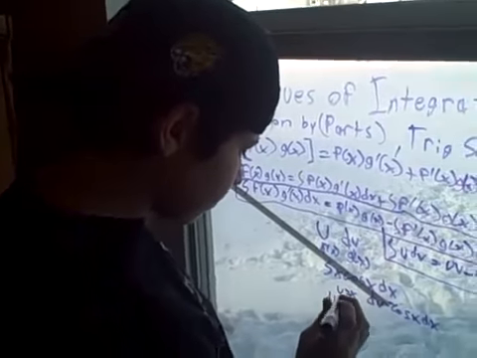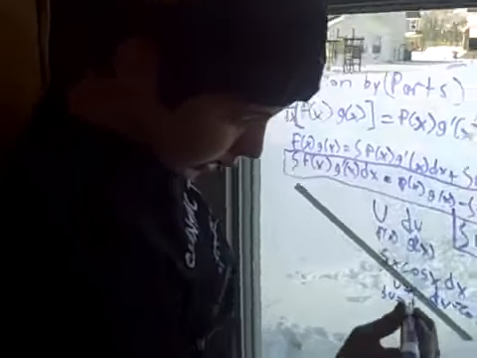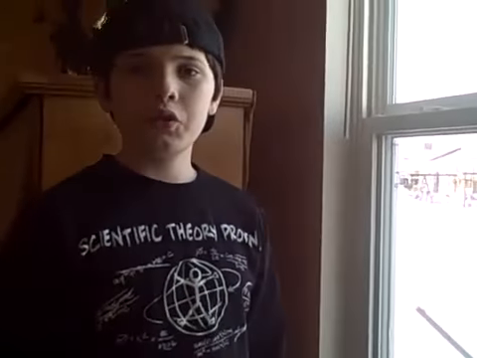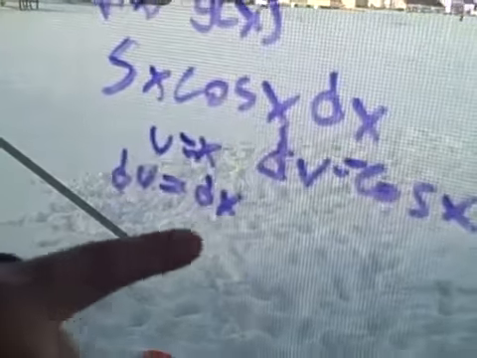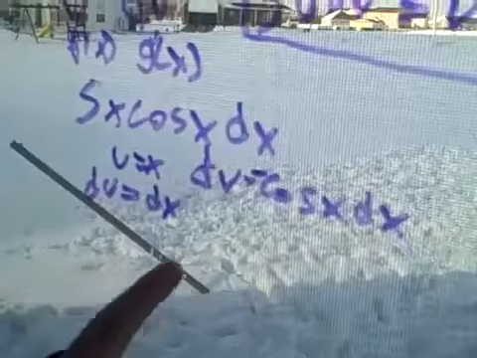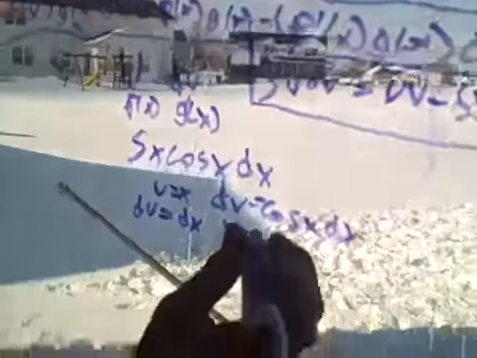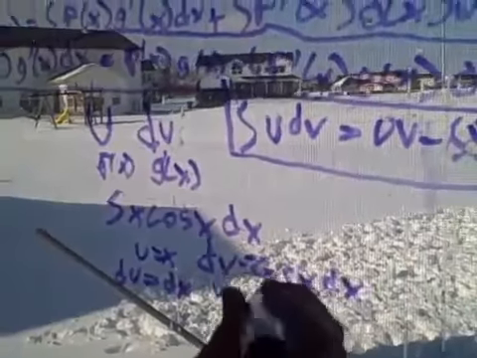So then I have du equals dx. Now, the reason I'm throwing in these dx's at the end of these terms is just for making this easier to understand, because here we would originally have du by dx equals 1, and then dv by dx equals cosine x, so I'm just multiplying to the other side. So then here I have v equals the integral of cosine x, which is sine x.